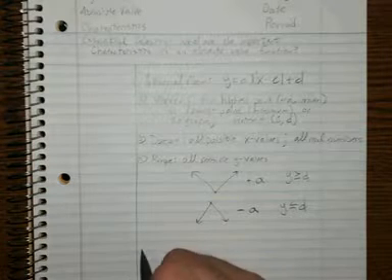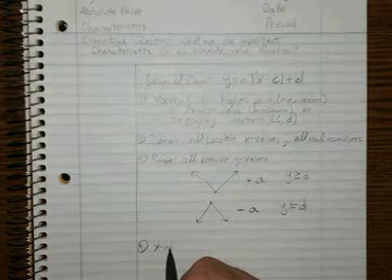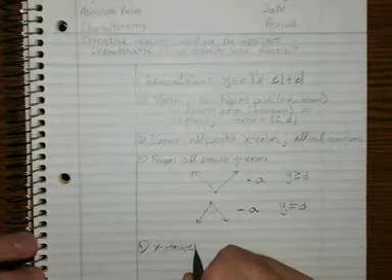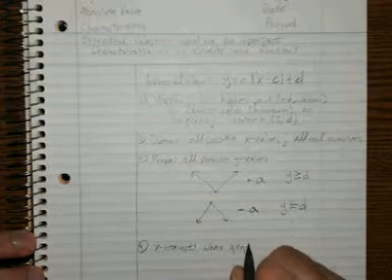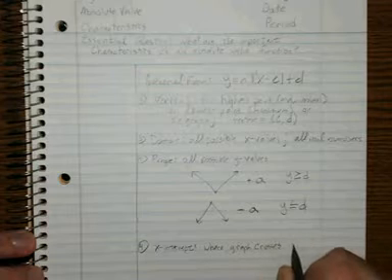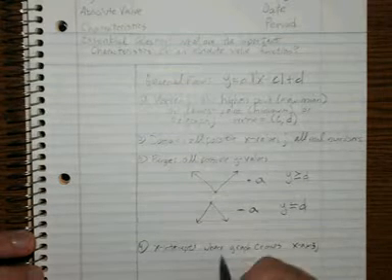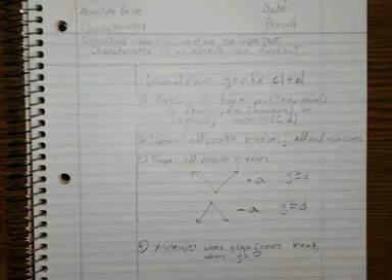Let's see, next up we have the x-intercept. This is where the graph crosses the x-axis. It is also where the y value equals 0.